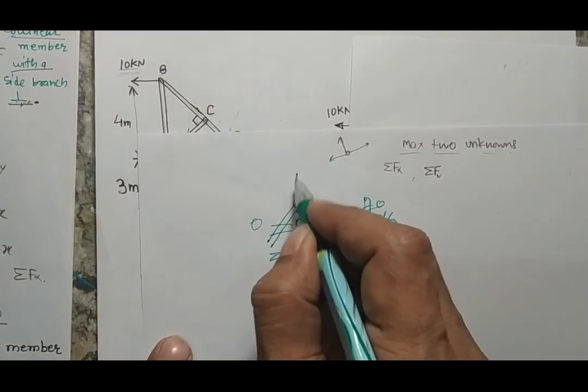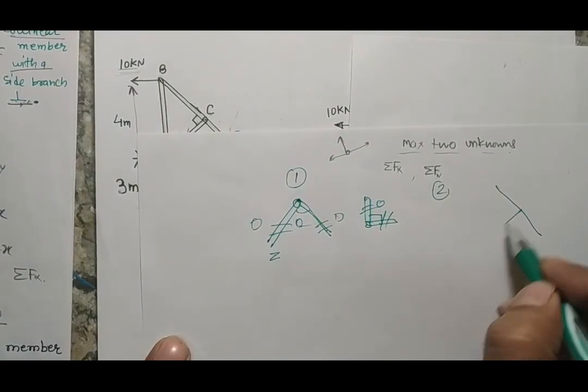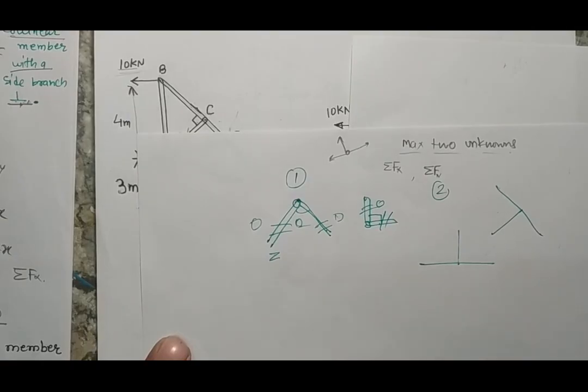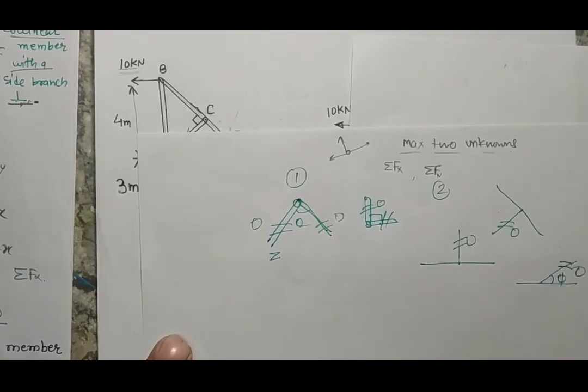The second rule says that if there are two collinear members and a side branch, maybe the collinear members in this way and the side branch going at a certain angle phi, the side branch will always be 0. So with these two rules for the zero force member, otherwise, whenever you have forces, the members are going to bear the load.